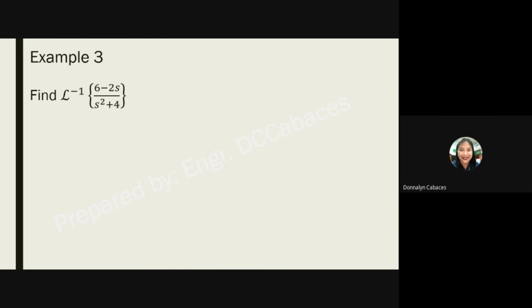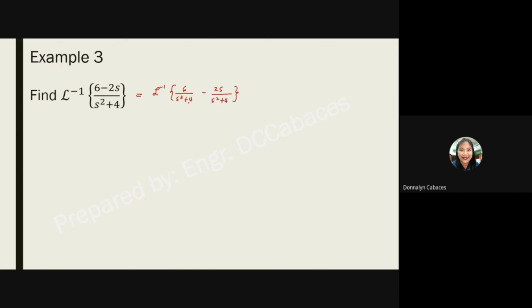Okay, so how are we going to find the inverse of (6 minus 2s) over (s squared plus 4)? By the linearity property, this is equal to the inverse Laplace transform of 6 over (s squared plus 4) minus 2s over (s squared plus 4).